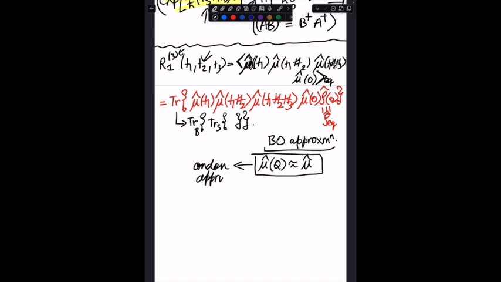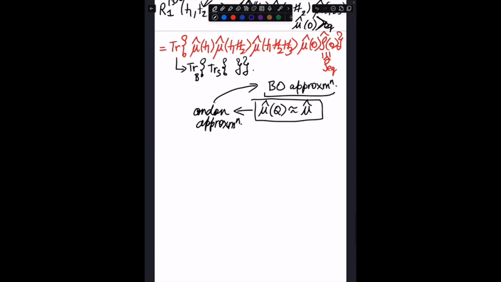So here we applied the Condon approximation, which comes from the Born-Oppenheimer approximation. And using the Condon approximation, we first take a trace over your system states, because the dipole operators only act on your system states, and then you compute the trace of the resultant expression. So let's compute the trace over the system states first.